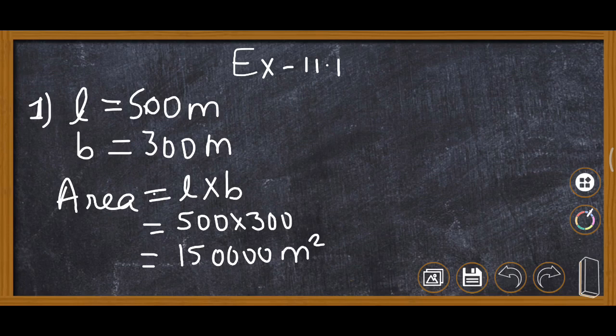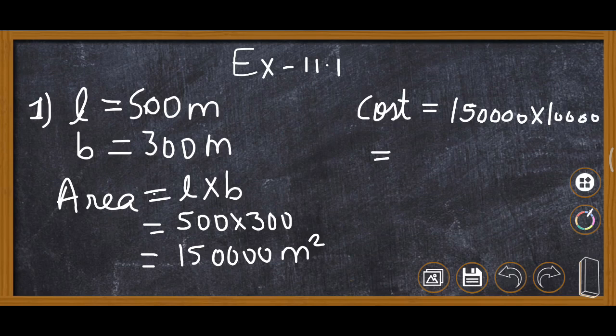Now the cost of the land is 1 meter square of the land costs 10,000. So we will find the cost of the land. It is given 1 meter square is 10,000. So 1,50,000 will be multiplied to 10,000 to find the total cost.